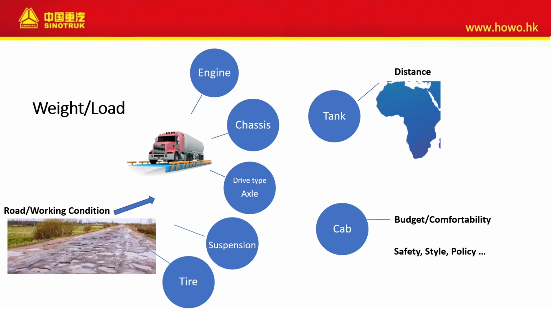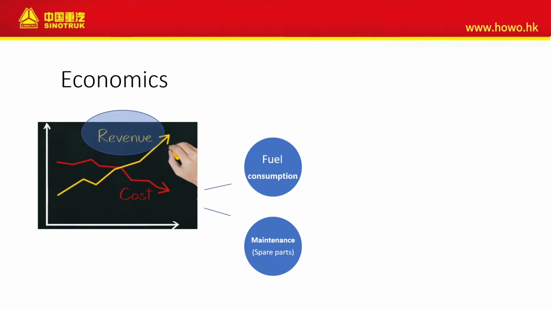And in the end, I just want to mention the economics. Of course, we buy the truck to do a business. I guess you already have an idea how much money you can earn by transporting the goods from one place to another place. Of course, after you know the potential revenue, you also have to calculate the potential cost for your business.